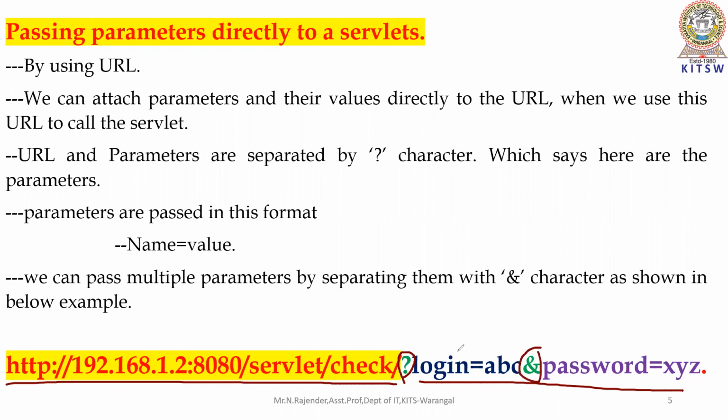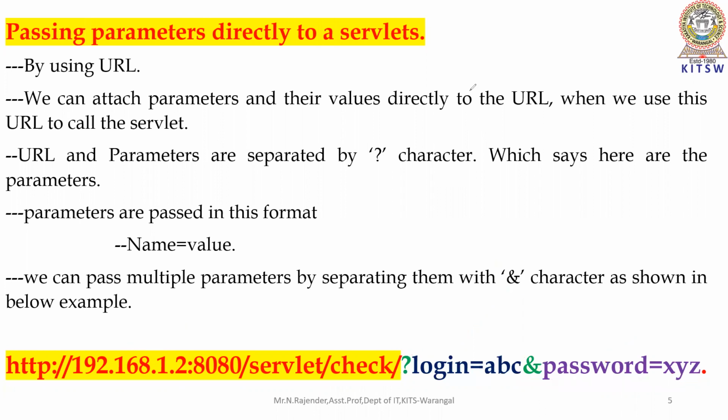This is one parameter: its name is login and its value is ABC. The name of the second parameter is password and its value is XYZ. Like this, we can pass any number of parameters to the servlet while calling it with the help of a URL. Multiple parameters are separated by using this character. This is about passing parameters by using the URL.